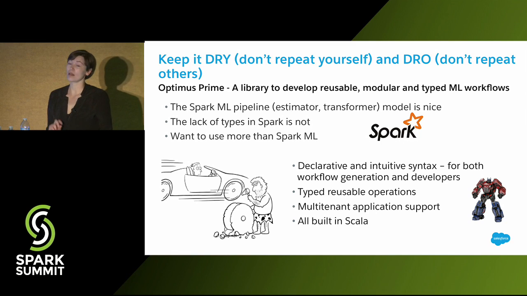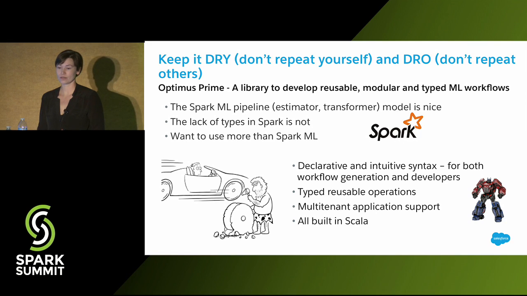And we chose Scala to build this basically because Scala is, one, the first-class language in Spark, and it has a lot of nice tricks for making all of this type safety happen. The other issue is with Spark ML, it's really written so that it can have Python use cases, Java use cases and Scala use cases.